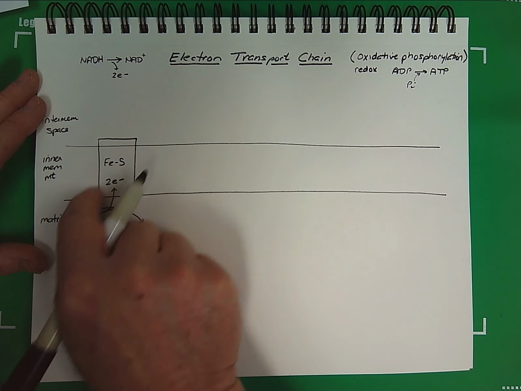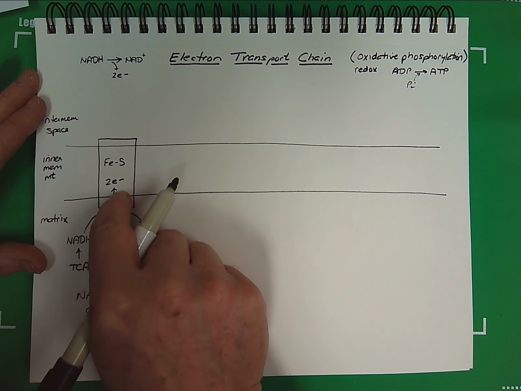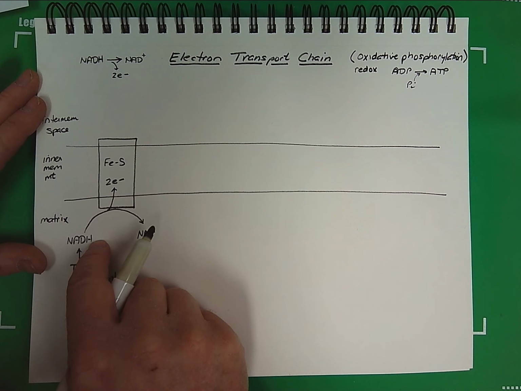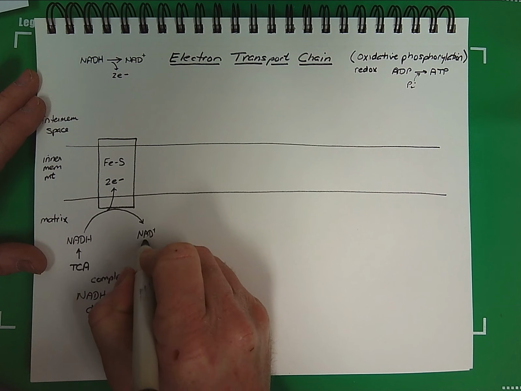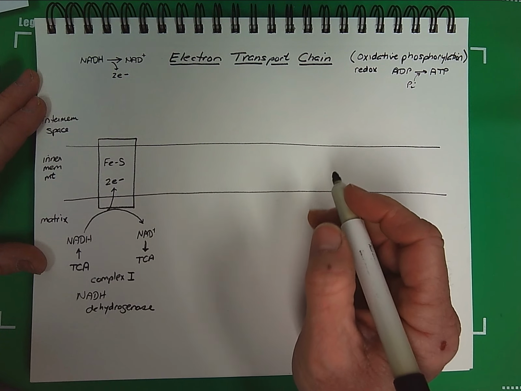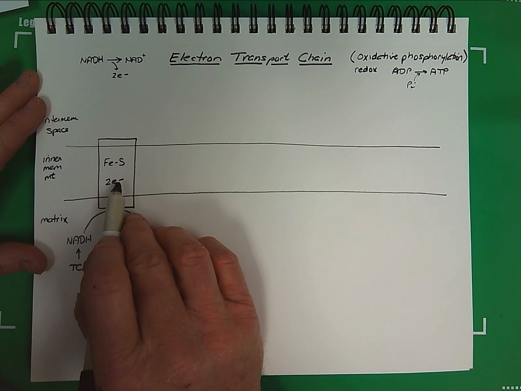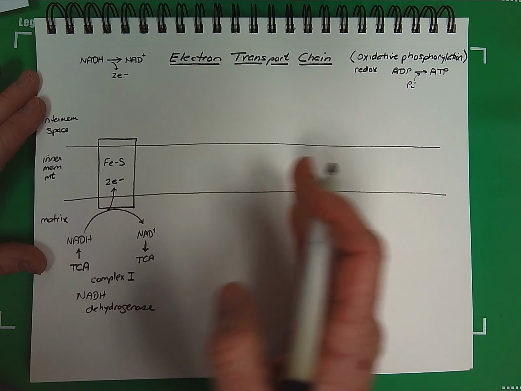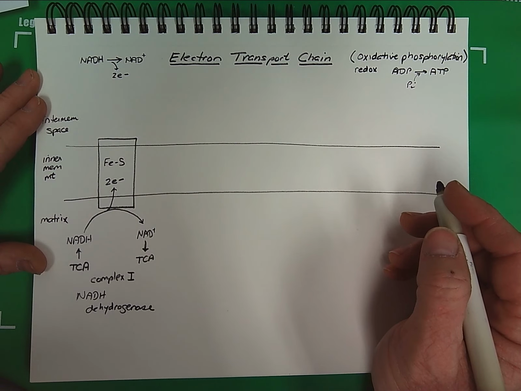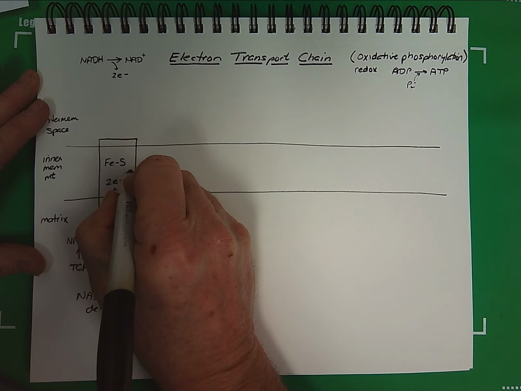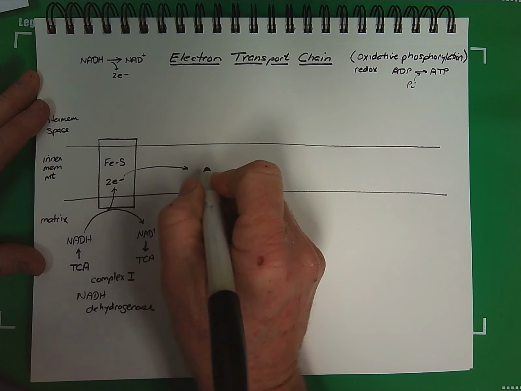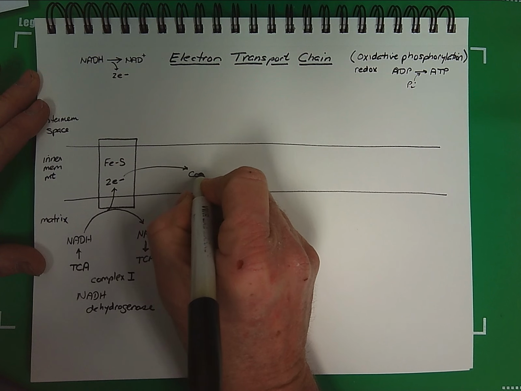So after we provide this redox reaction to move these electrons from NADH, providing NAD to continue the TCA cycle to generate more energy in the future, these electrons now have to move to the successive steps down the electron transport chain. So the next step is to move these electrons to a small molecule called CoQ.